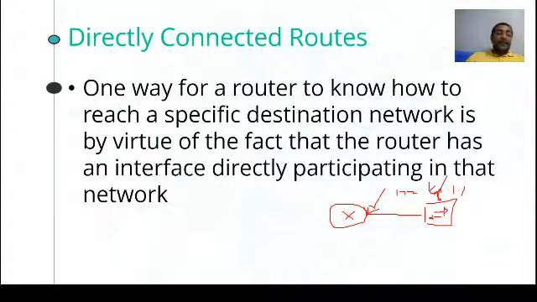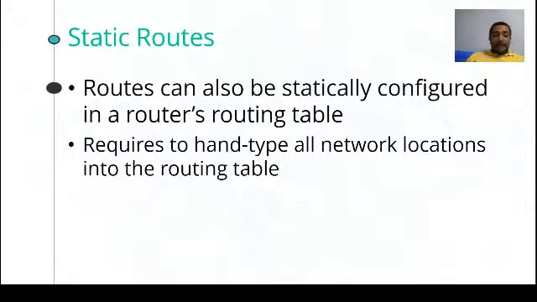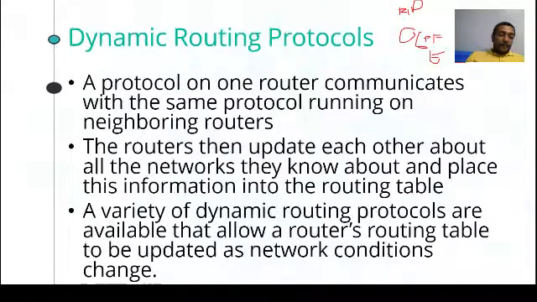So directly connected routes, yun yung mga IP address na ina-assign natin directly sa mga routers. Okay? Static route, hand-type na network location siya. Next is the dynamic routing protocol. Yan yung like you're using OSPF, EIGRP, or RIP sa iyong autonomous system.